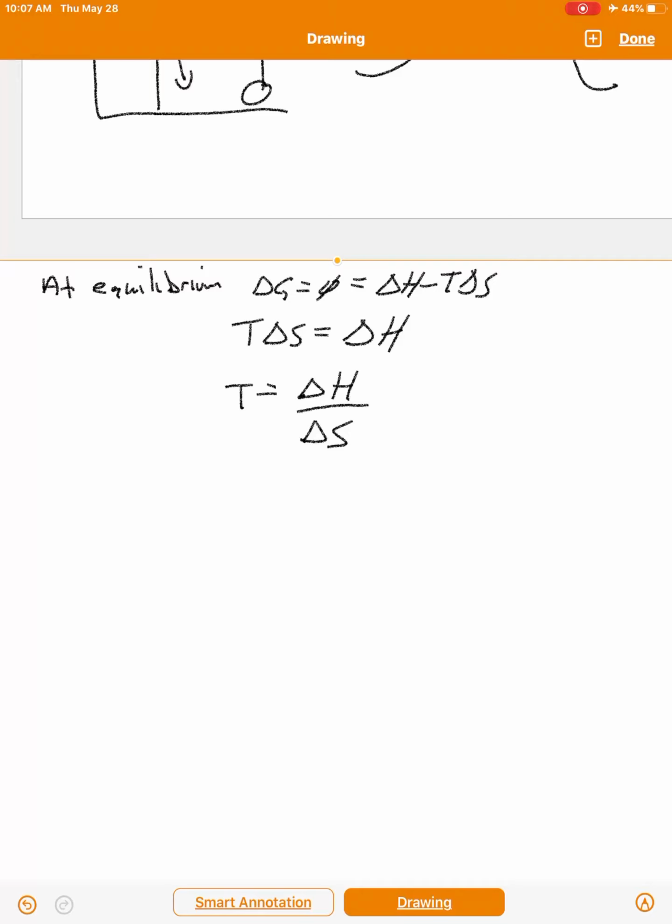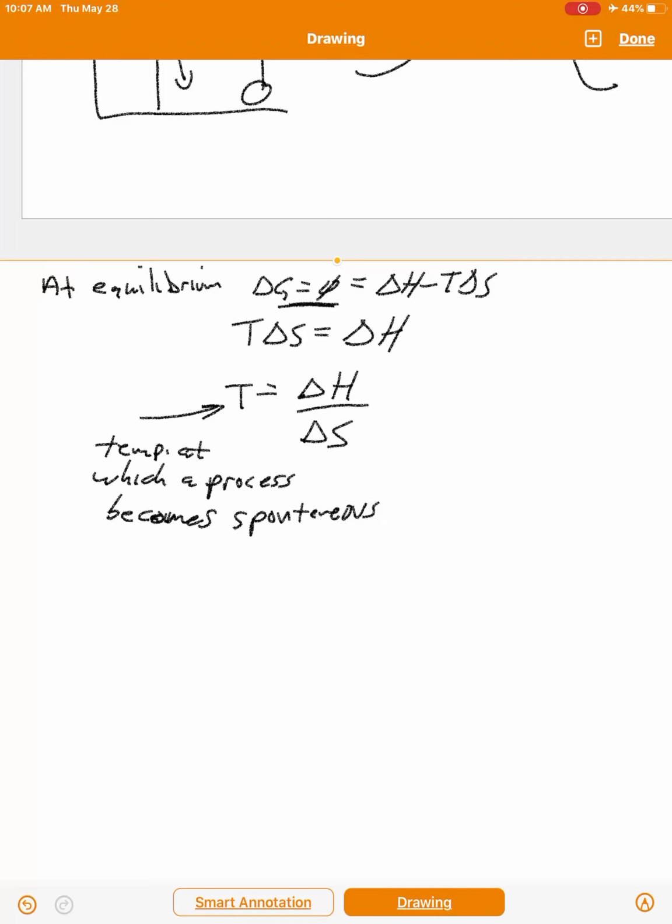This essentially tells us the temperature at which a process becomes spontaneous. If delta G is 0, that's right where it's going to become spontaneous.